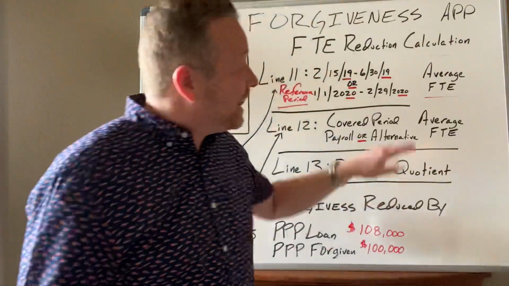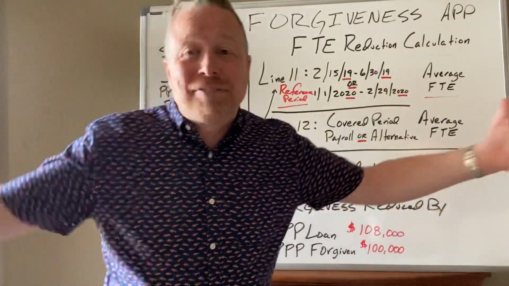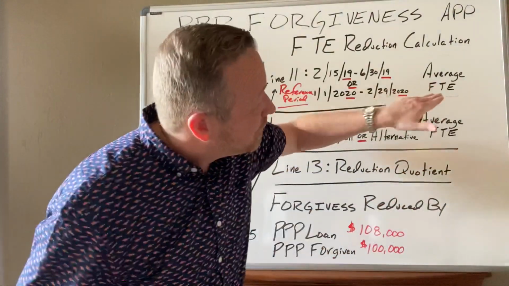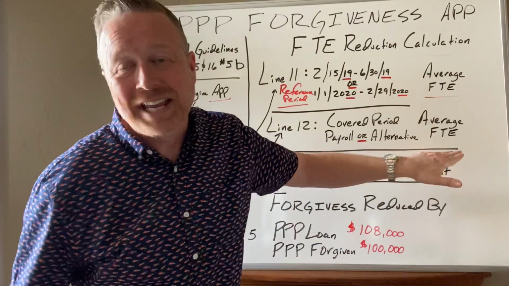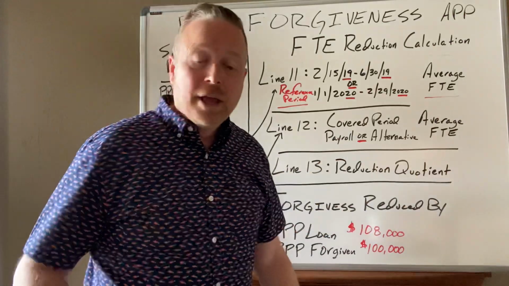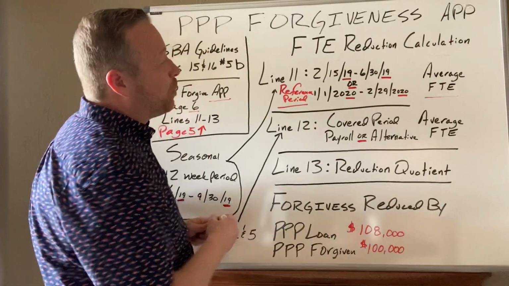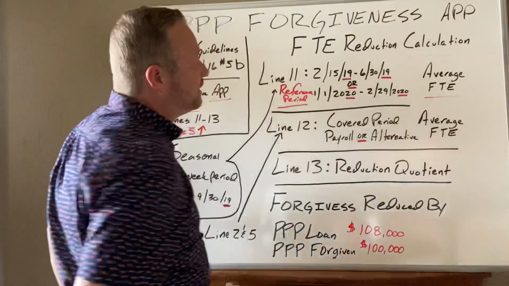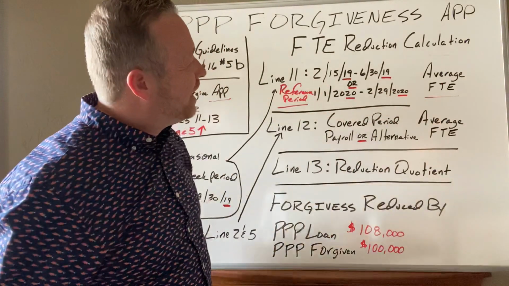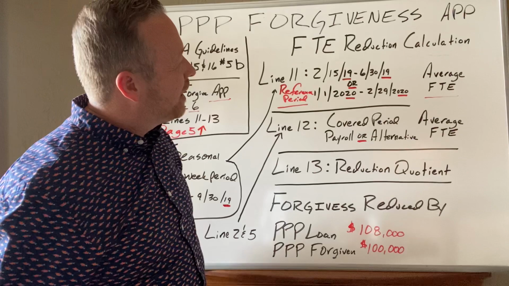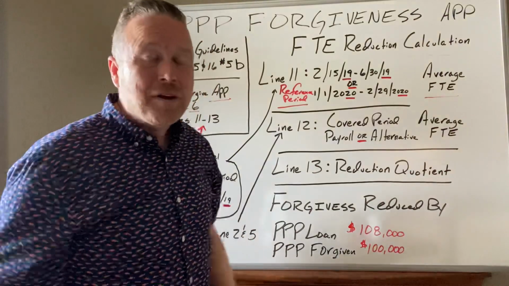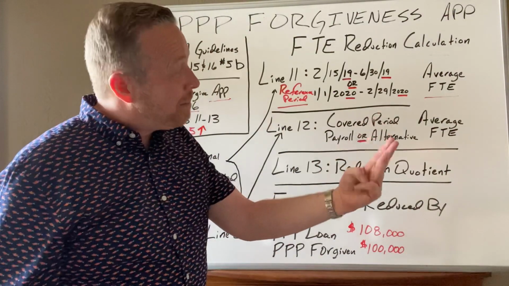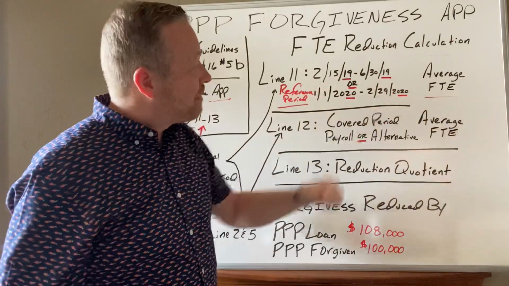I'm just saying, to even get these calculations, I have to do a separate video on how you come up with the average FTEs. So, average FTE, I want you to know that, yes, look at that. That is not a 3-month period. That's half of February, March, April, May, and June. That's a 4.5-month period.